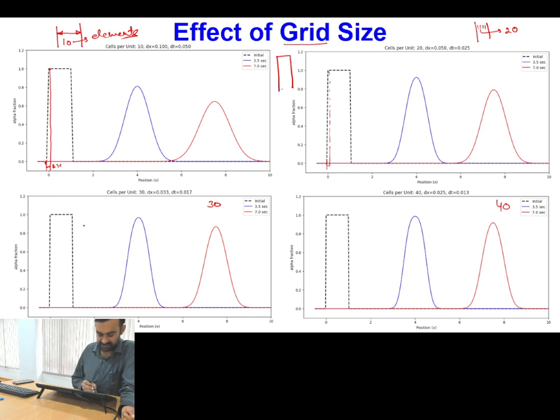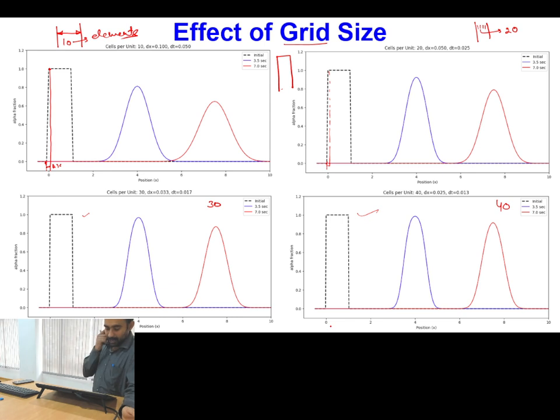As we go to 30 and 40 divisions inside the slug, the initial slug definition becomes more identical to the theoretical one.